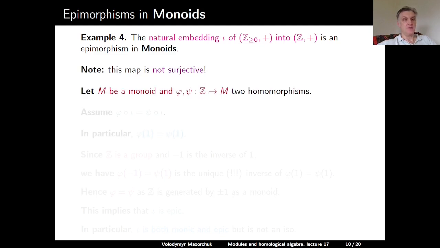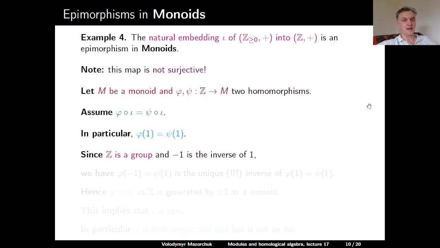So let M be a monoid and phi and psi be two monoid homomorphisms from the monoid of all integers to the monoid M. Assume that the composition of phi after our embedding iota is equal to the composition of psi after our embedding iota. In particular, this means that phi of 1 is equal to psi of 1.